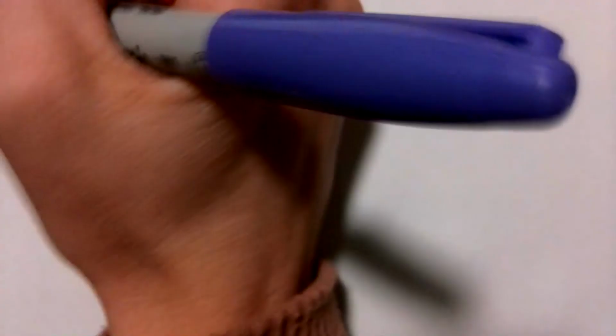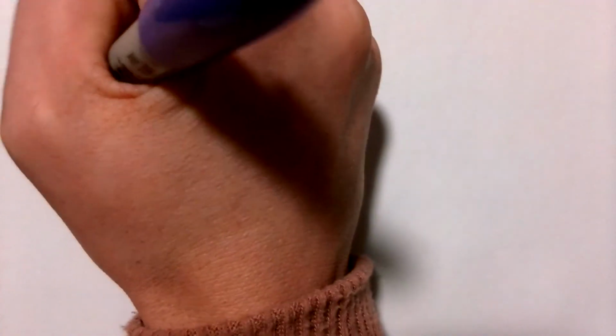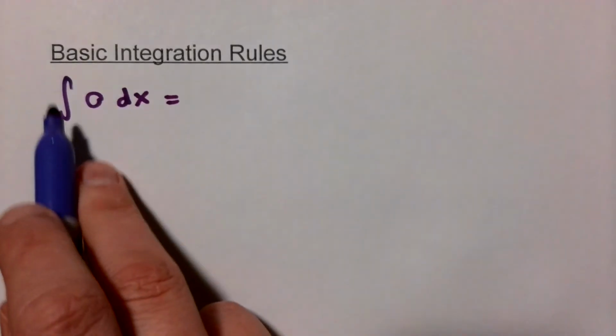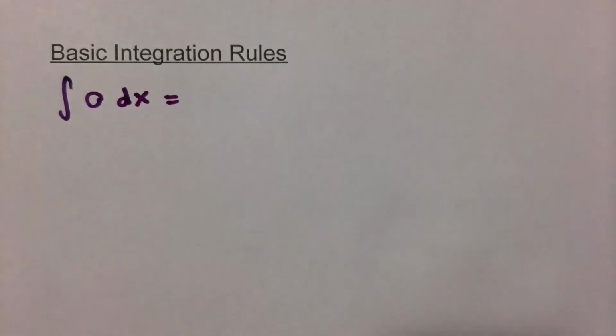So let's look at some basic integration rules to start with, and then we'll look at, for integrating just a polynomial in general, it has its own power rule, just like derivatives have a power rule where we're going to reverse differentiate. So starting with, if we have an integral of 0, and remember this notation is going to say we're taking the integral of 0 with respect to x.